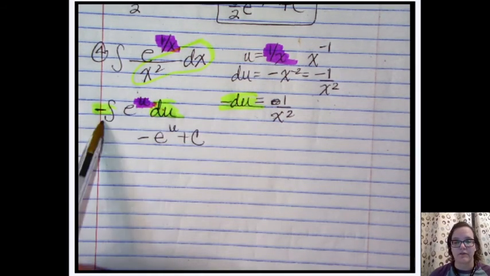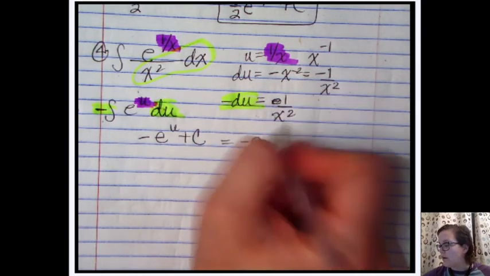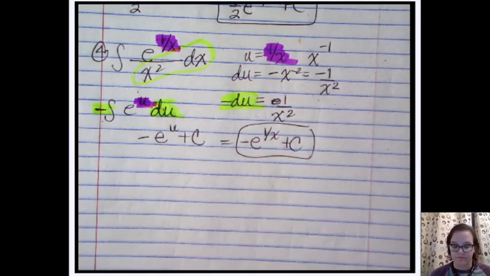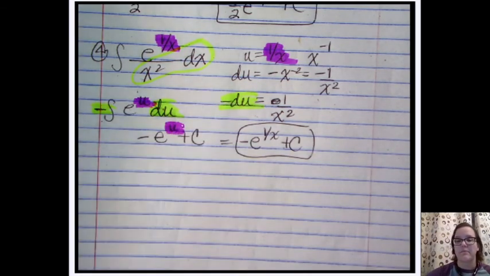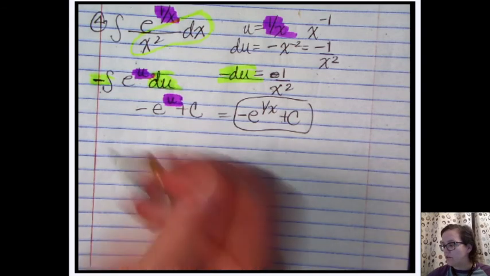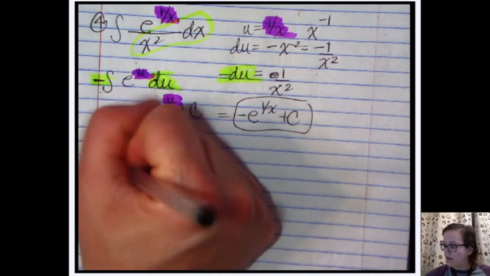And that negative comes from here. So we get negative e to the 1 over x plus c. So again, just try to make it fit that pattern of e to the u and finding out what du is.